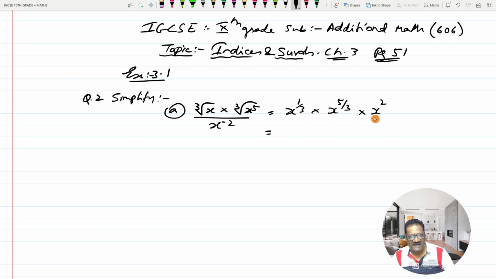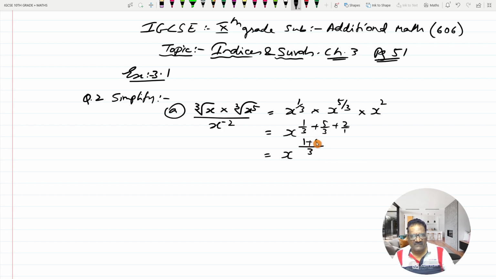Next is, again, I'm going to apply one rule, that is rule number 1, and that will make us write this as x raised to 1 by 3 plus 5 by 3 plus 2, or rather 2 by 1. This can in turn be written with the LCM of 3, 3, and 1 being 3.